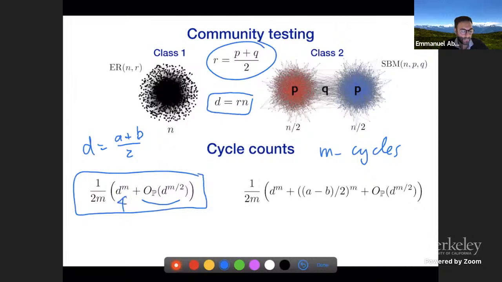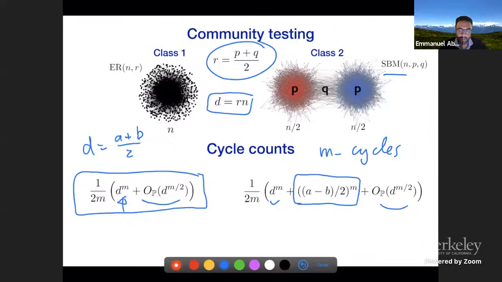If you count the number of m-cycles in the SBM, then what you get is the same dominant term, the same fluctuation, but now you have this term here, which is due to the community presence in the graph.